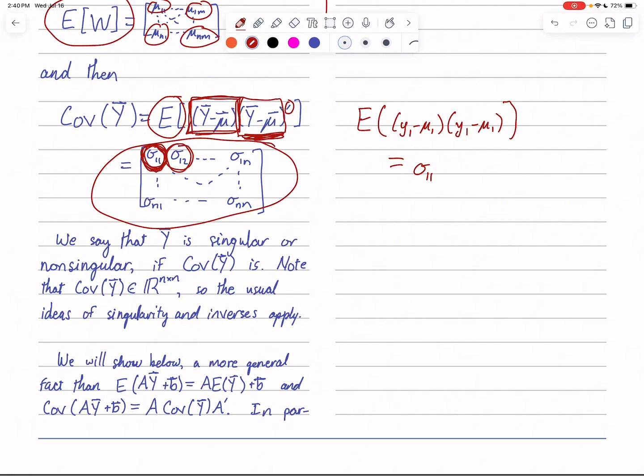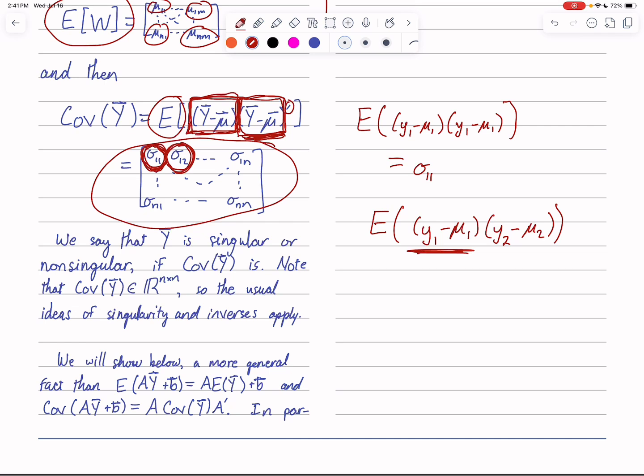And if you did it with the next coordinate, let's just talk about this sigma 1,2. Well, if you work out all your linear algebra, you'll see that this coordinate comes from taking the expected value of y1 minus mu1 times y2 minus mu2. So this comes from taking the first row of this matrix, which is y1 minus mu1, and the second column of this matrix, which is y2 minus mu2.